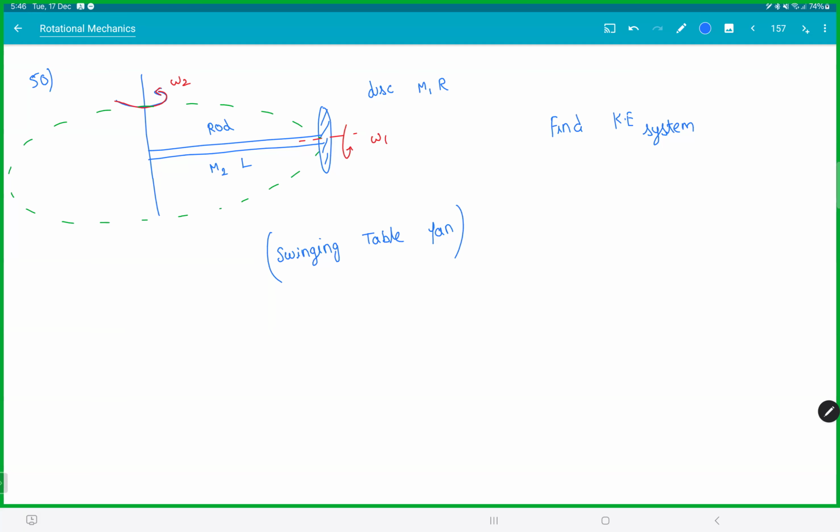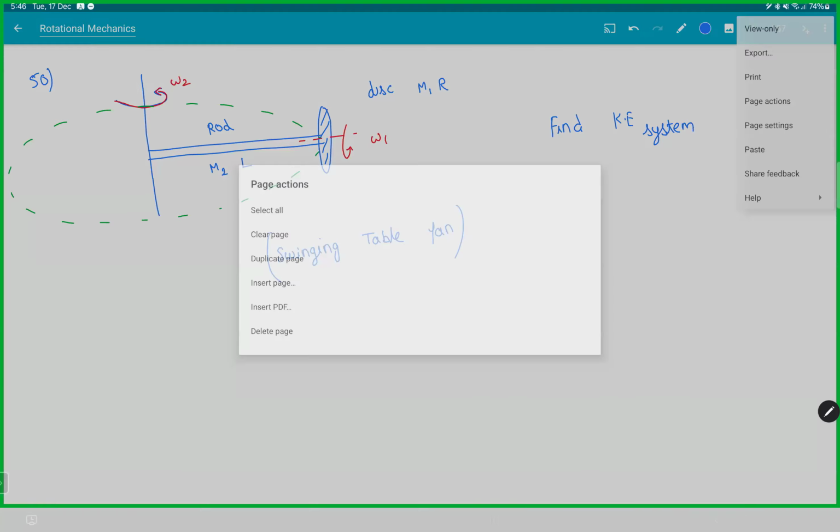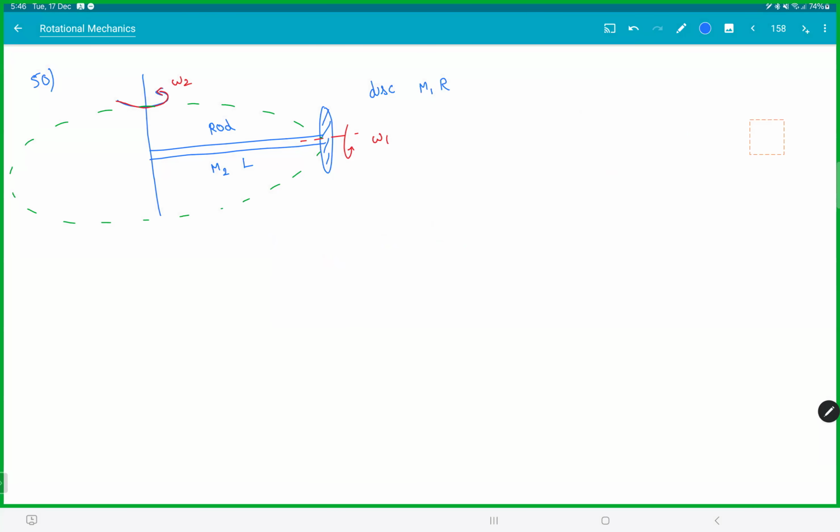Let's see. Now this thing can be split into two parts. One, the disk, and the disk and the rod together.